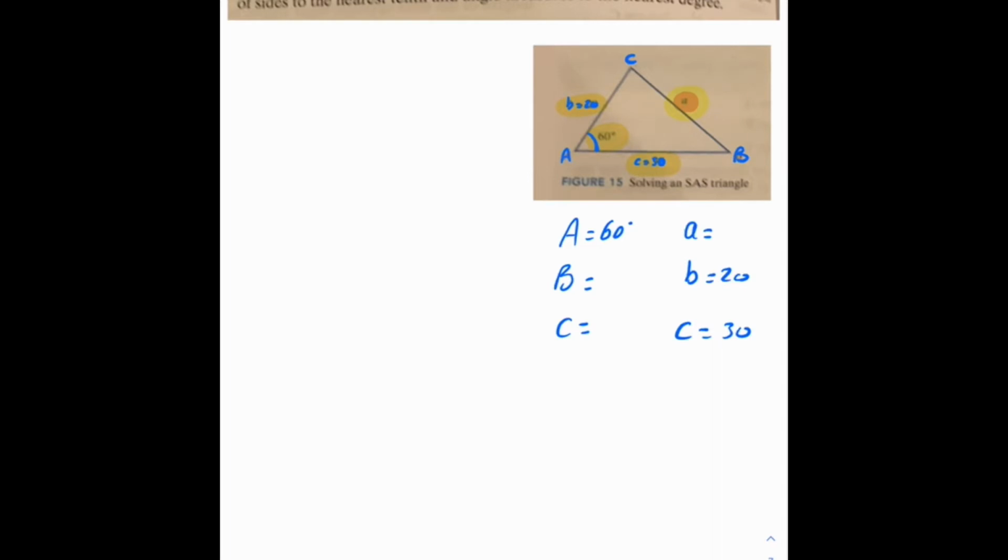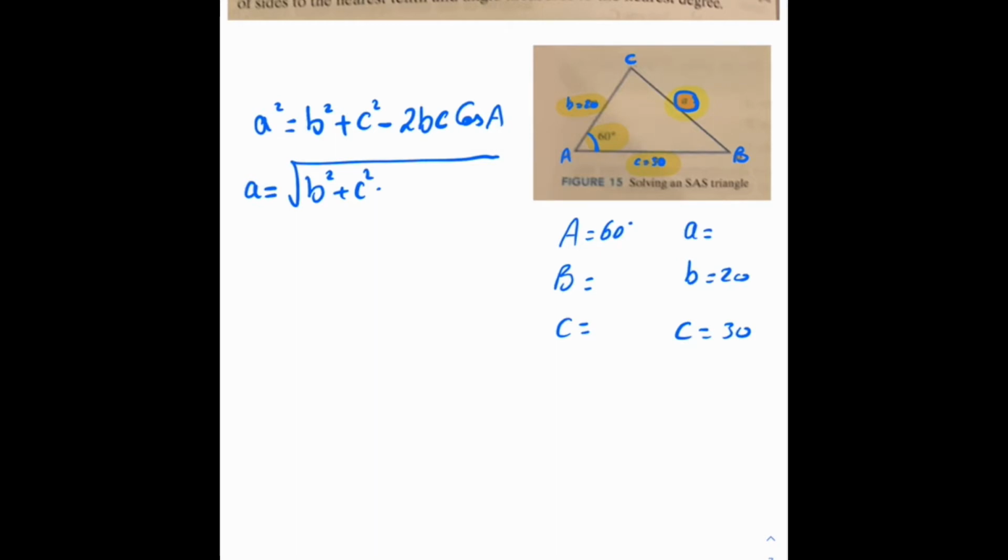First, if I want to find a, I say that a squared is equal to the sum of the squares of the other two sides minus twice the product of the two sides and the cosine of the included angle. I can write it directly: a is equal to the root of b squared plus c squared minus 2 the product of b and c and cosine of the included angle.